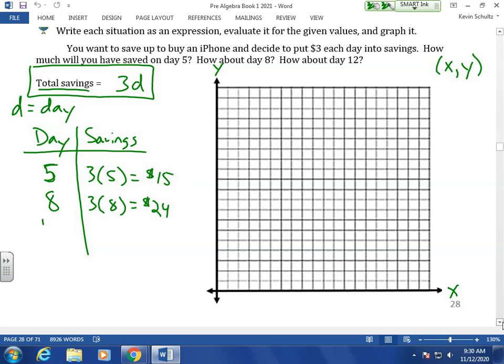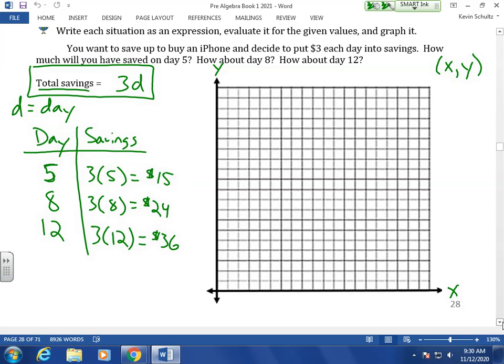How about day 12? Maggie? 36, right? 3 times 12 equals 36. Okay? So this is what pre-algebra and algebra are going to allow us to do. We have an expression that gives us some information, and we are able to predict what's going to happen in the future.